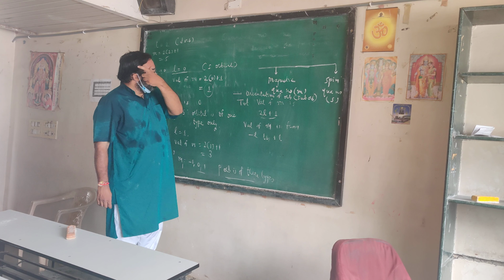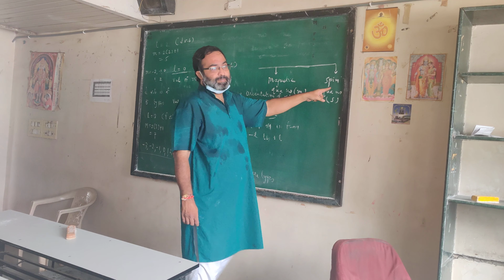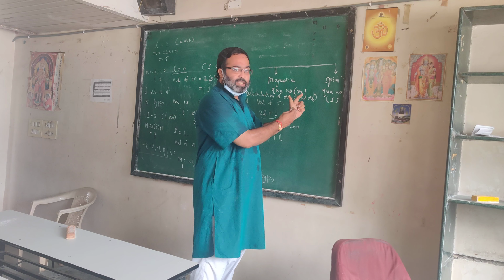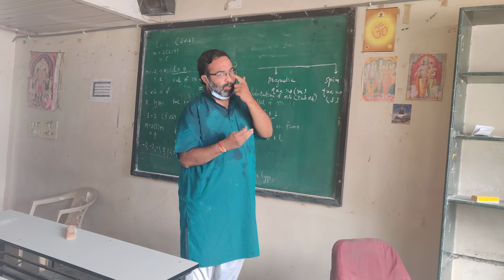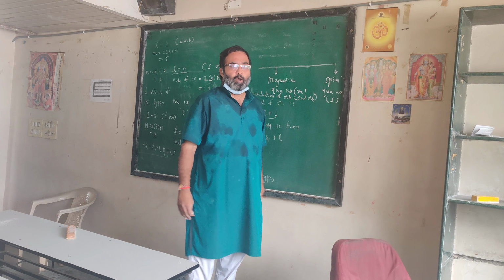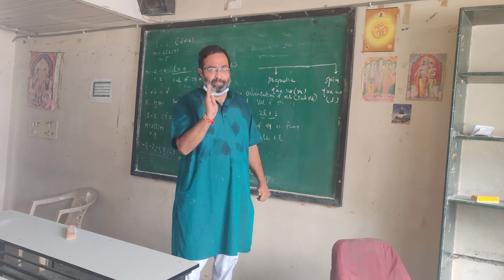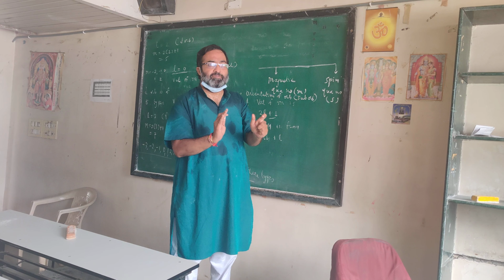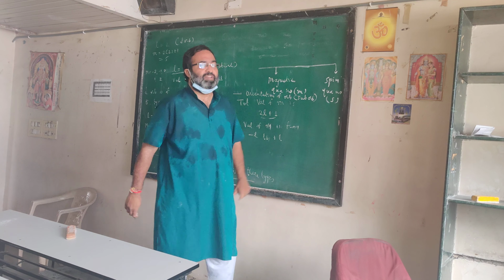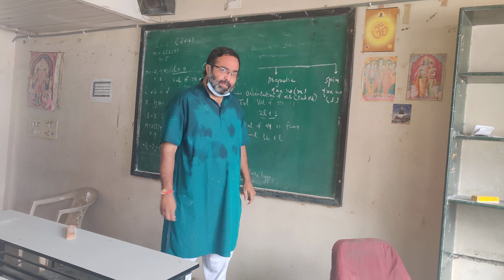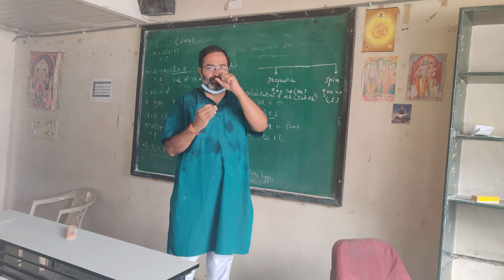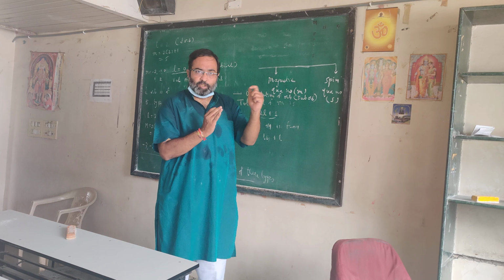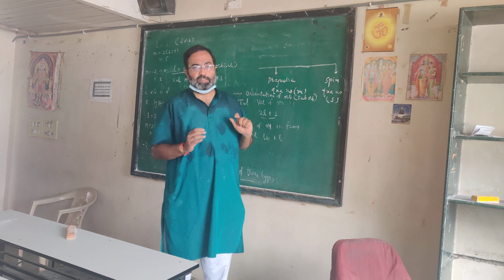Okay. Next and the last one is the spin quantum number. The spin quantum number did not evolve from Schrodinger's equation, but from a separate experiment by Uhlenbeck and Goudsmit. They observed that when a hydrogen beam was passed through a strong magnetic field, 50% of the hydrogen electrons were attracted towards the north pole and the other 50% towards the south pole.